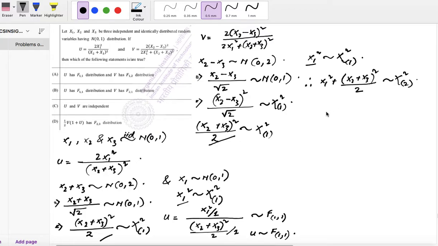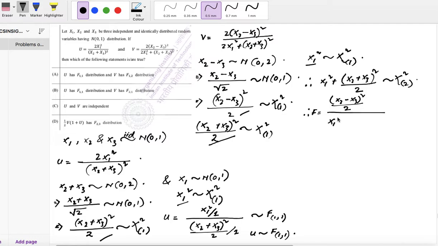Now for F distribution, let's see if it is F or not. For this term, x2 minus x3 whole square by 2, and its degrees of freedom is 1, so there is no necessity of writing the 1 in the denominator.